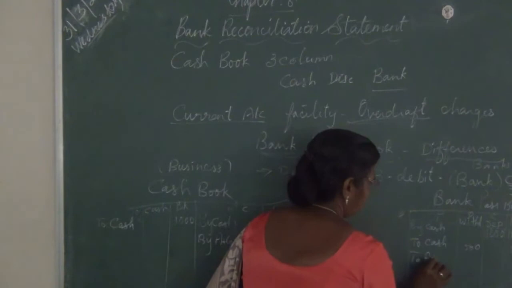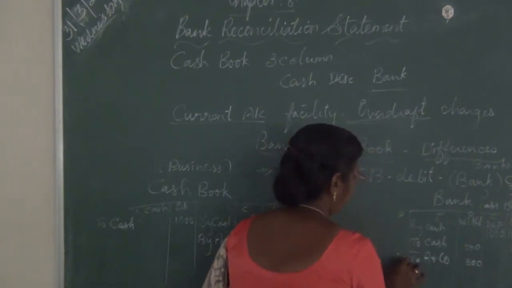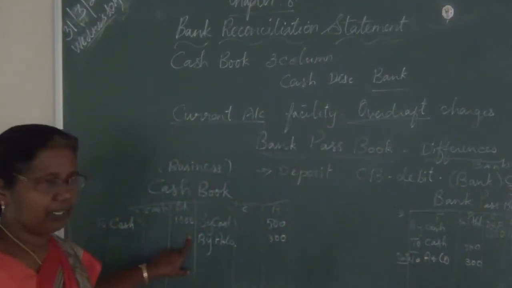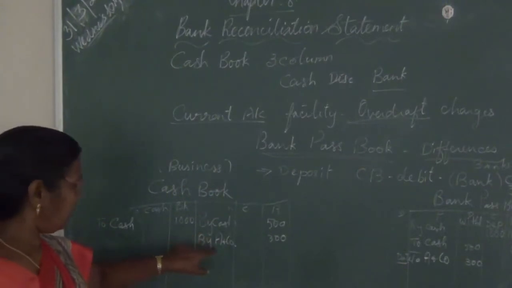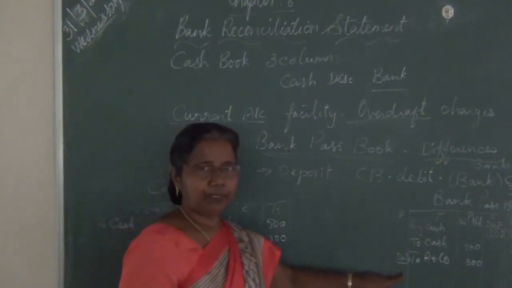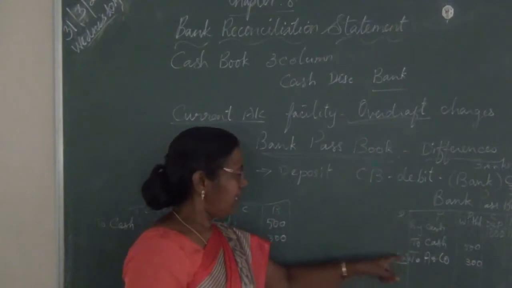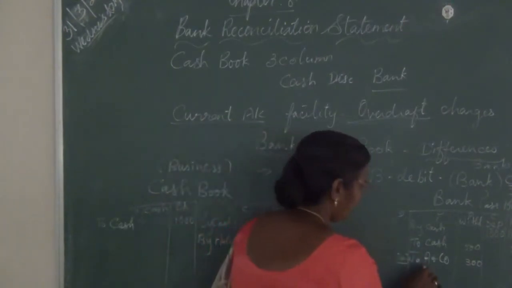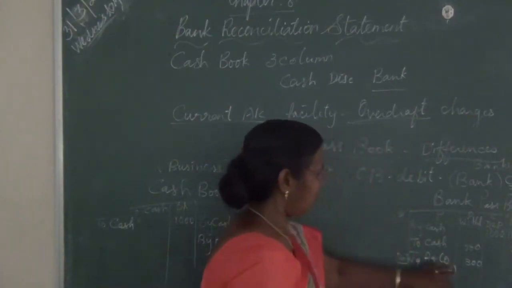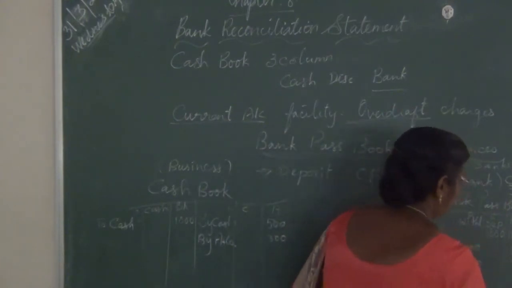A and Co. 300. But the date will be different, not the same. When we issue the check, it will be entered immediately, but later in future the check will go for collection. When they make the payment, only then will they enter it in the bank. So they will balance it 200.